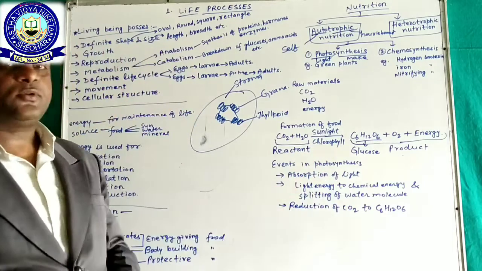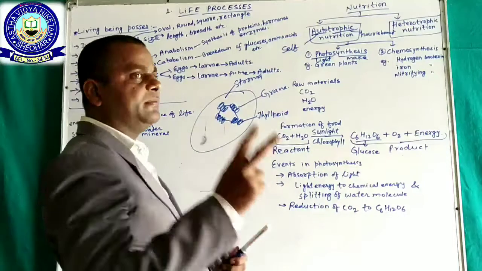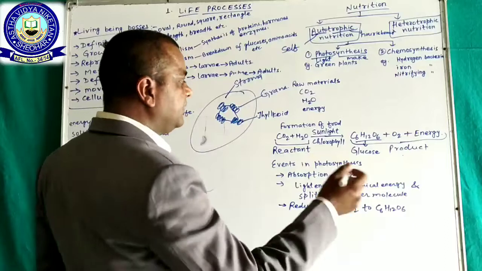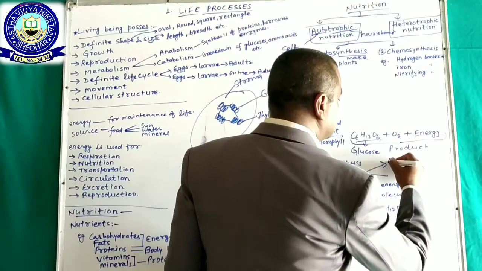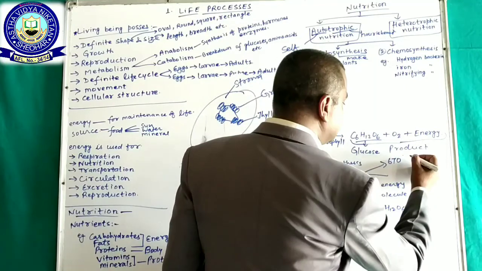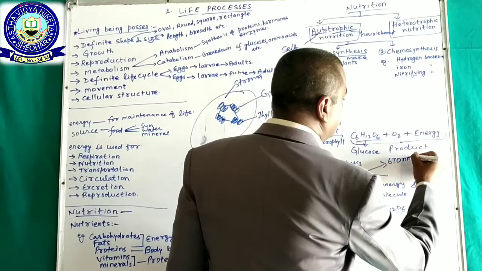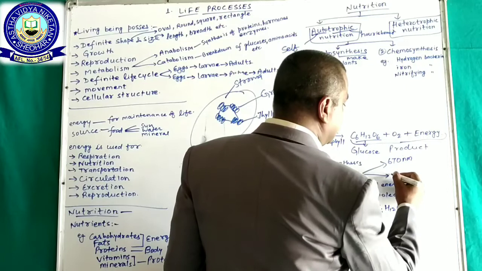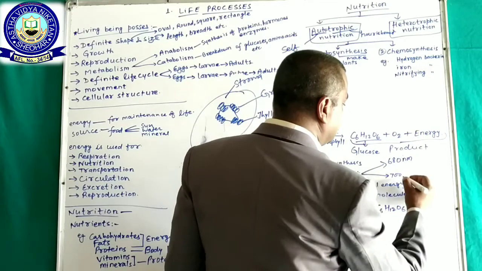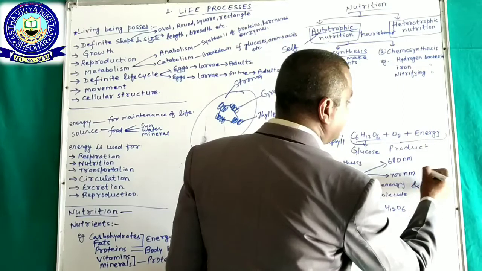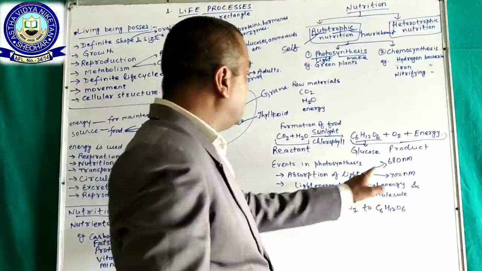Absorption of light means light has two reaction centers, with 670 nanometer, 680 nanometer and 700 nanometer wavelengths.